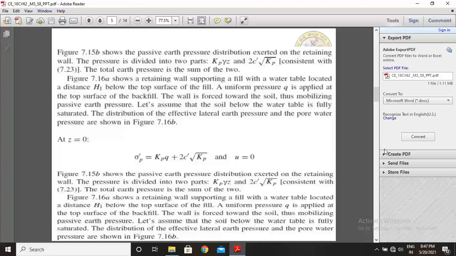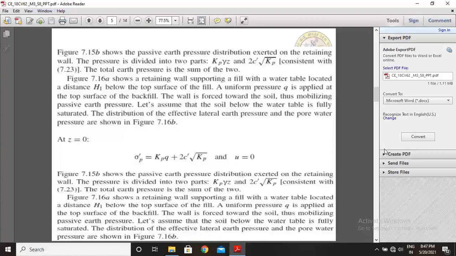Let us assume that the soil below the water table is fully saturated. The distribution of the effective lateral earth pressure and the pore water pressure are shown in figure 7.16b. At z equal to 0, we calculate passive earth pressure sigma p dash equal to Kp into Q plus 2c times root Kp, and water pressure equal to 0.